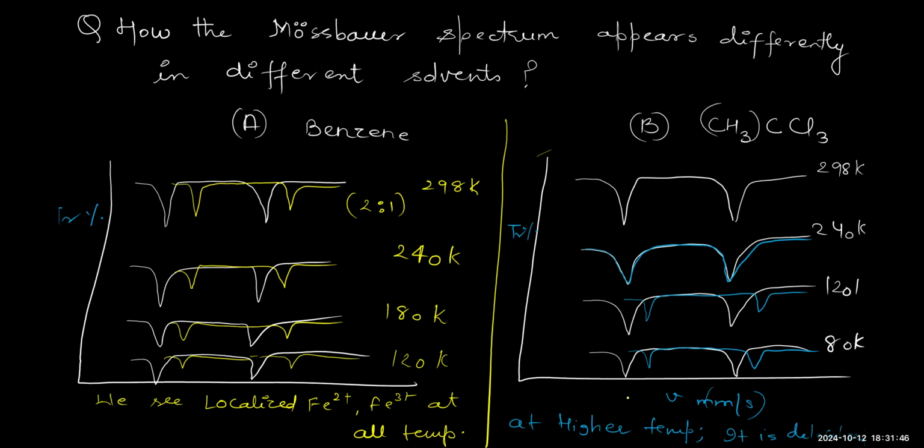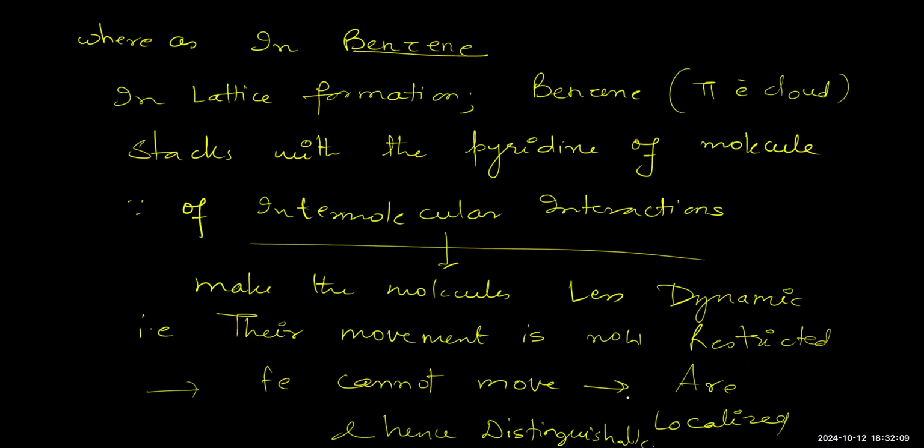You are freezing your molecule, and when freezing of your molecule is happening, that would lead to localization of your iron centers, and hence it would give you a proper, distinguishable separation of both the things. I hope this is clear. Please let me know if you have any doubts so far.